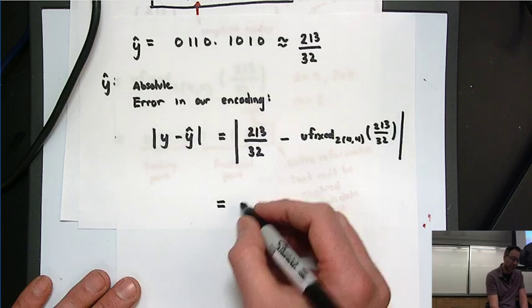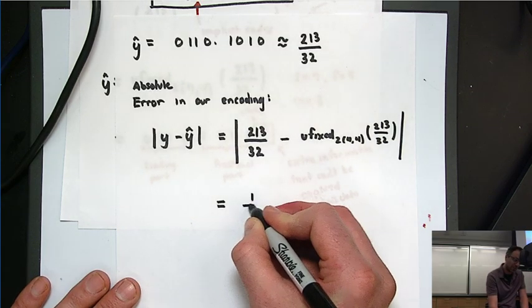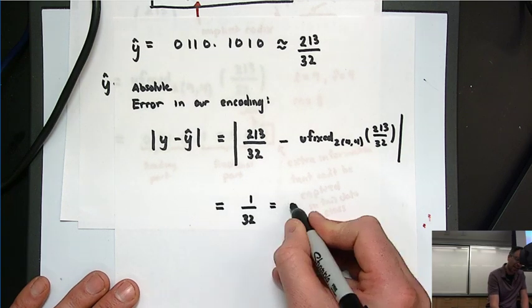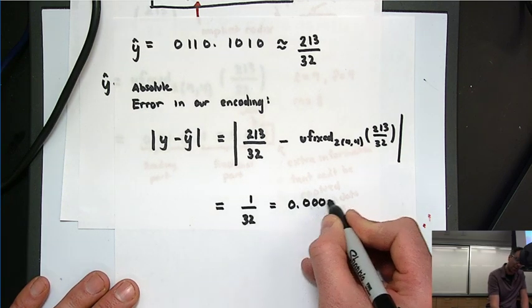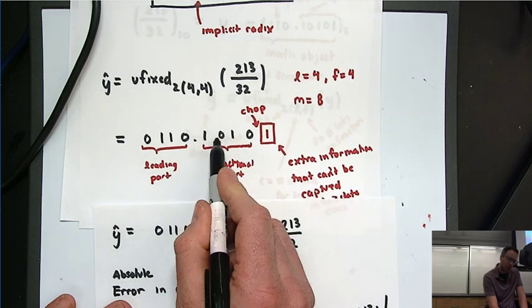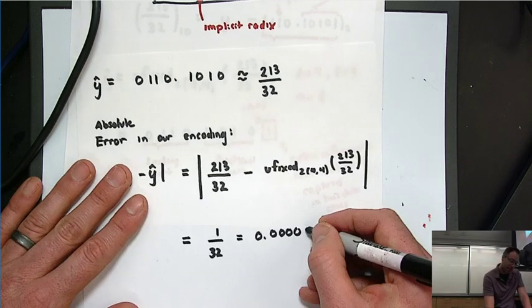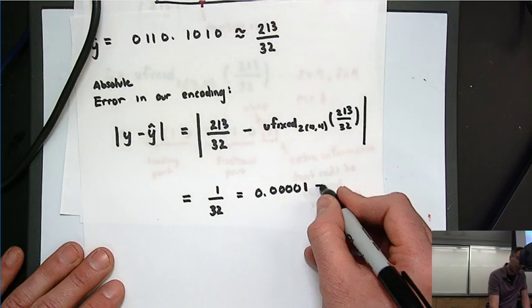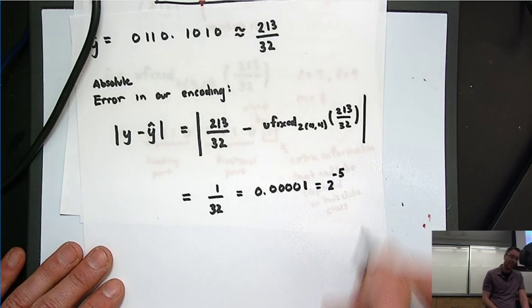Yeah. So this literally is 1/32. Another way to say that is 5, let's see, 1, 2, 3, 4, which is another way to say 2 to the negative 5th.